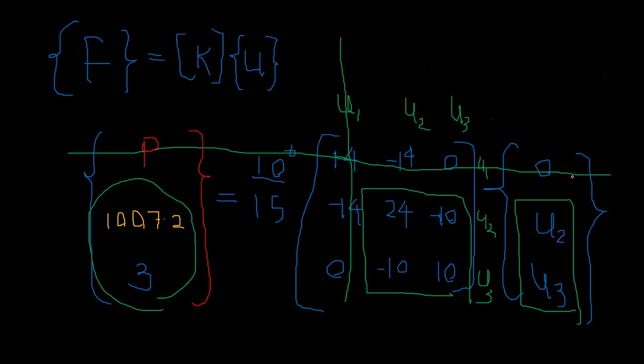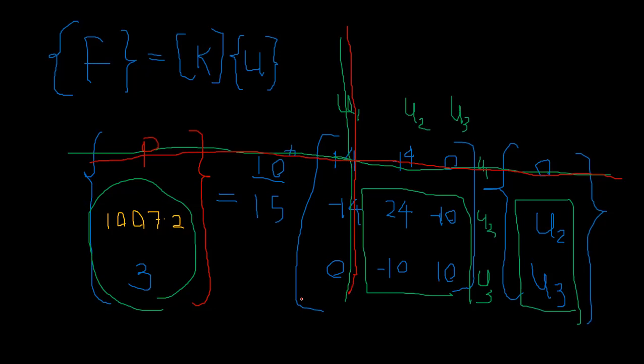So if your U1 is 0, the first thing you need to do is cross out your first column and first row. If your U1 is 0, if your U3 is 0, third column and third row, you have to cut it.